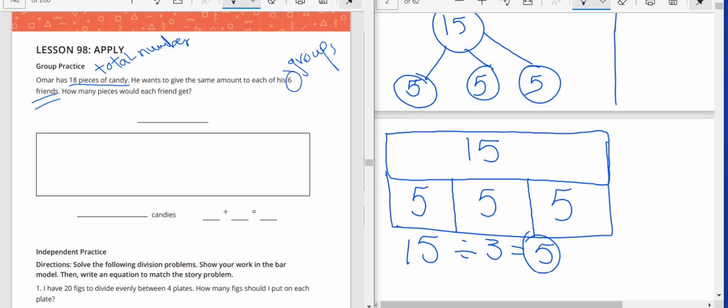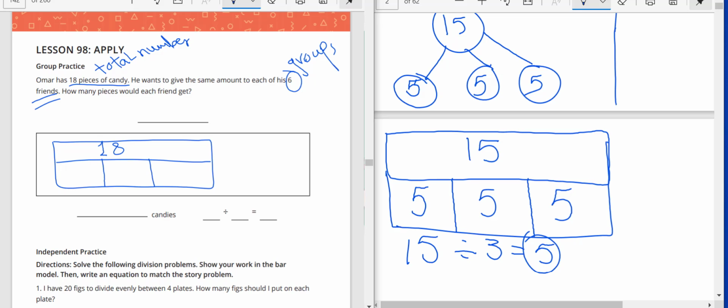We will use the whole model to solve this problem. How many candies we have? 18. We want to share this 18 candies among 6 friends. So we will divide this one whole into 6 equal parts. At the first, we divided it into 3 equal parts. Then, so we have 3 thirds.